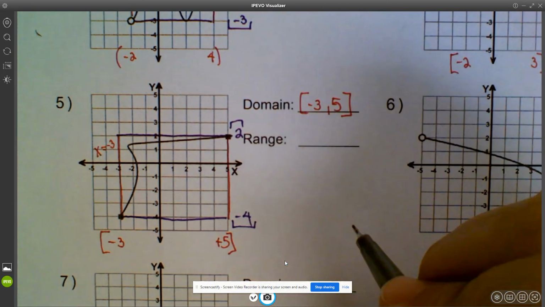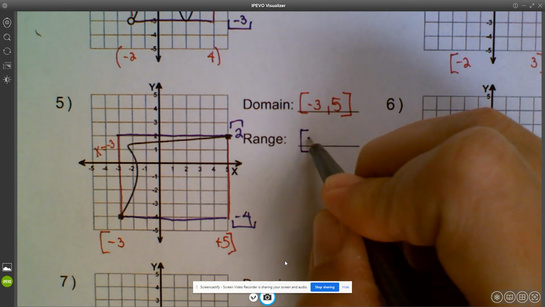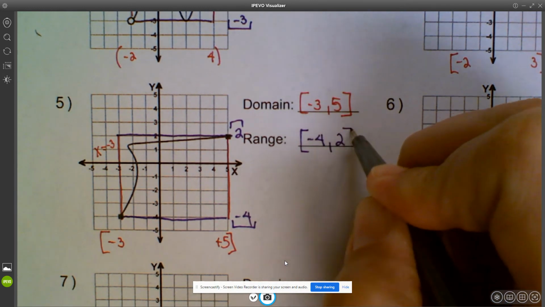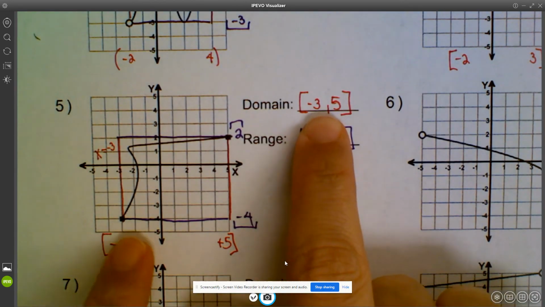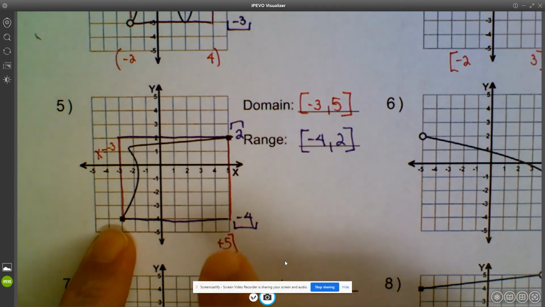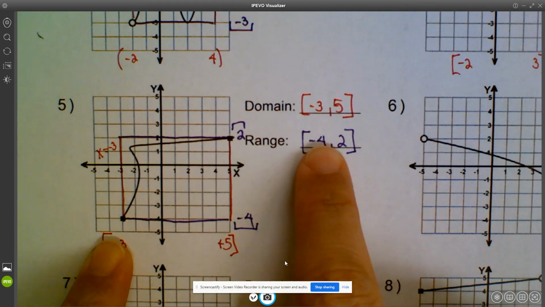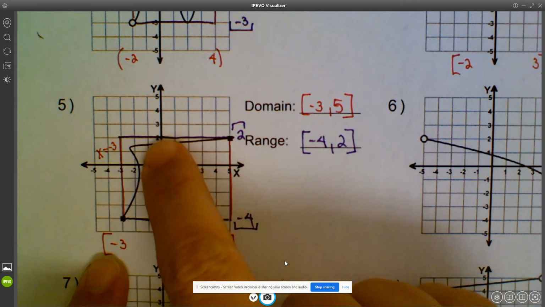And again, that's a closed circle, so we're bracketing these as well. So our interval is from -4 to 2. All right, so that's what I have for my domain and range. Notice my x coordinates can take on any value between -3 all the way over to 5. My y coordinates can take on any value from -4 all the way up to 2.